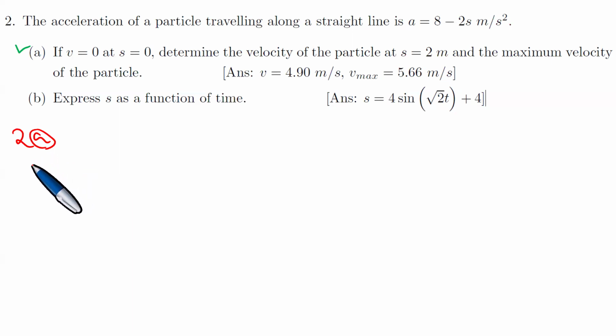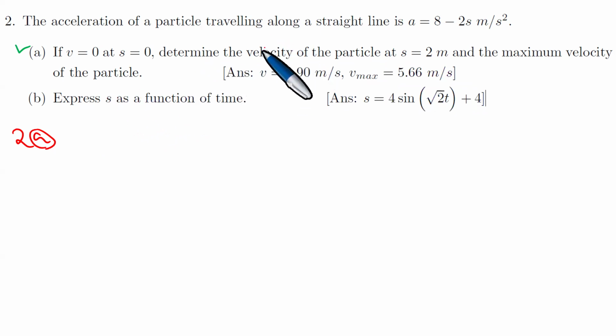Right, so let us look at these and think about these very carefully, and make sure that we are able to understand exactly what is happening here. If the velocity is 0 at the point that s is 0, which is the displacement being 0, then at this point we need to determine the velocity of the particle at s equals 2 and the maximum velocity of the particle.